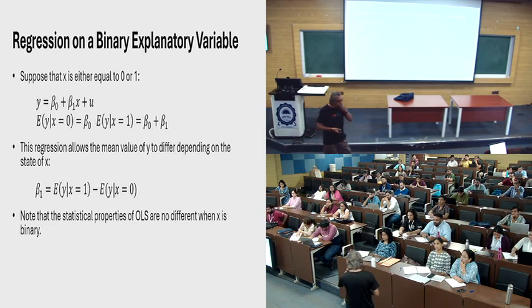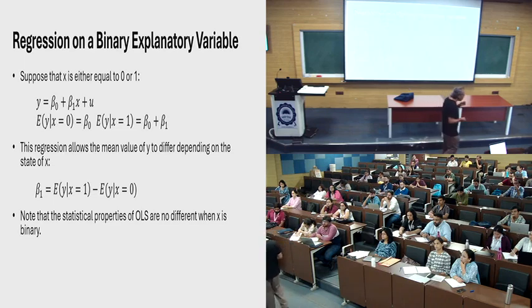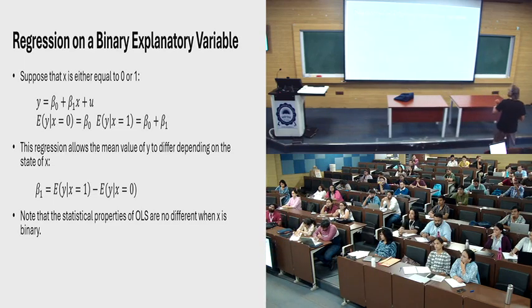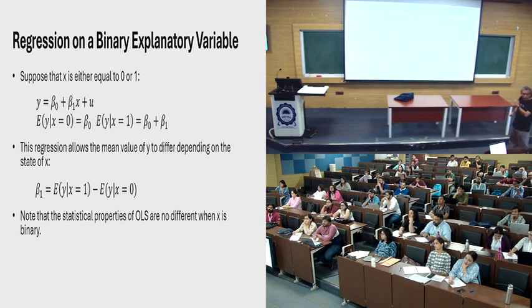If I take the expectation, assuming that the expectation of u is equal to 0, then my expectation of y can take two different values. When the program is not in operation, x is equal to 0 and it takes the value of beta 0. In the other case, when x takes the value of 1, it takes the value of beta 0 plus beta 1. So the incremental effect is captured by beta 1.